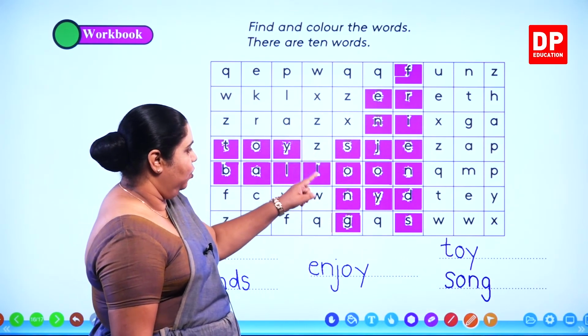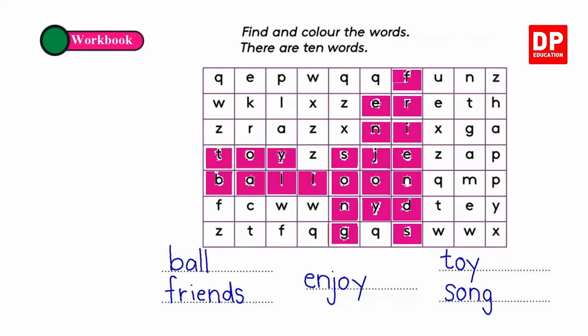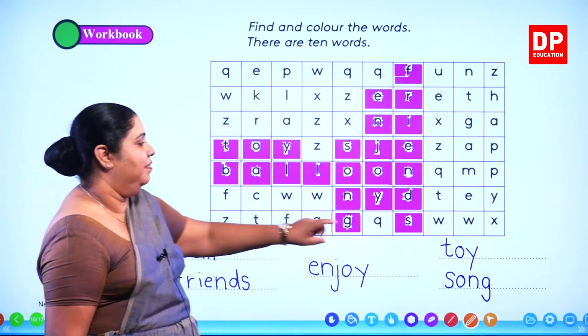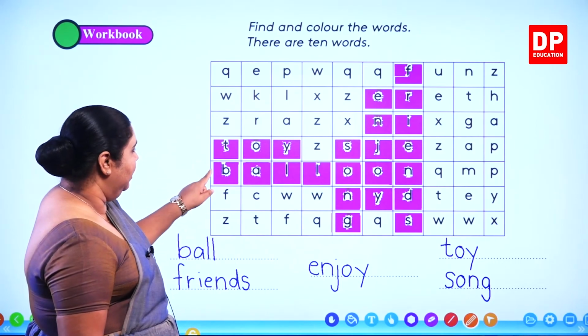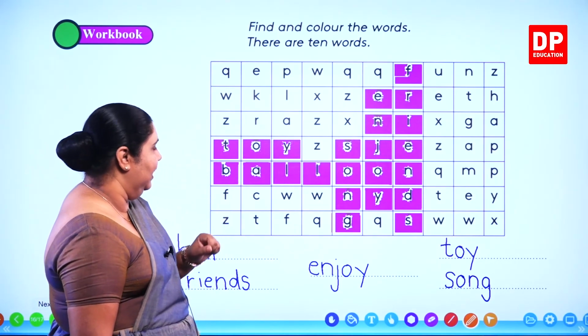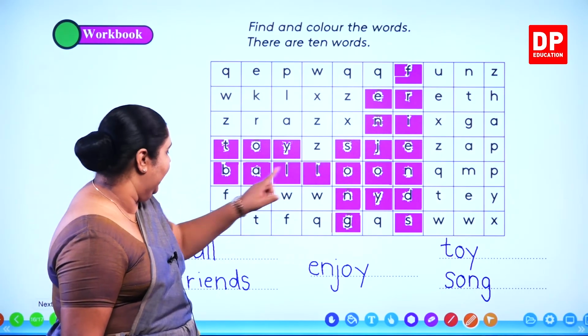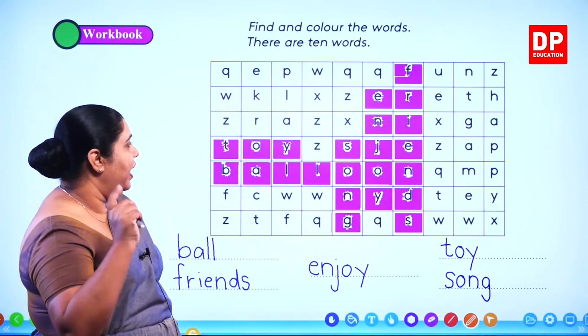Okay? S-O-N-G. Now what are the 5 words we found here? Can you see? T-O-Y, toy. We have that written over here. Then we have the word B-A-L-L. That is ball. Then we have the word friends.